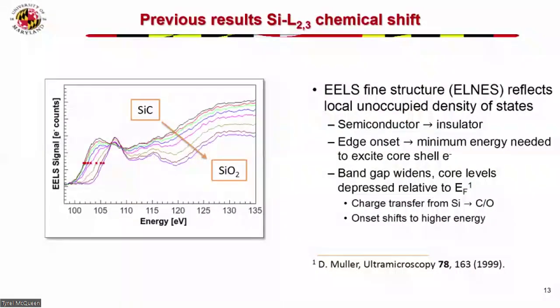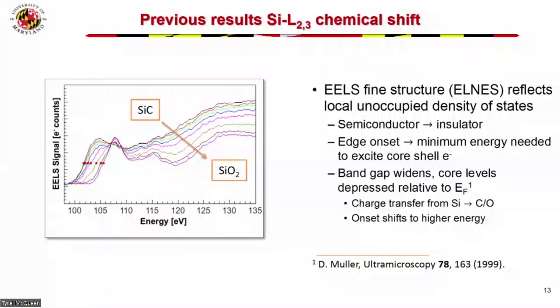So here there are spectra focusing on the silicon L2-3 edge, moving from pure silicon carbide to pure silicon dioxide, and it shows that shift that I was mentioning. So it's around 100 for silicon carbide, and around 104 for silicon dioxide.